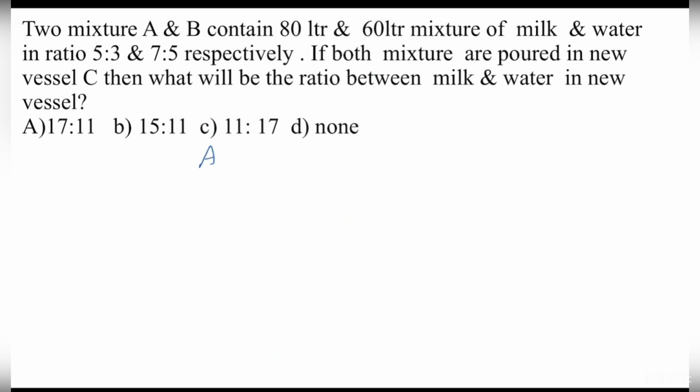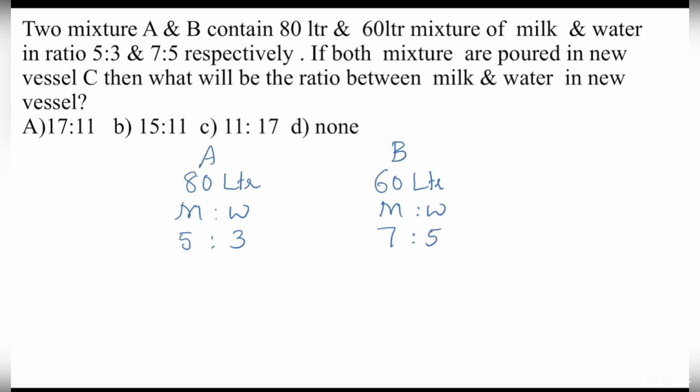There are two containers A and B. A contains 80 liters of a mixture of milk and water in the ratio 5:3, and B contains 60 liters of a mixture of milk and water in the ratio 7:5. If both mixtures are poured in a new vessel C, then what will be the ratio of milk to water in this new vessel, they are asking.